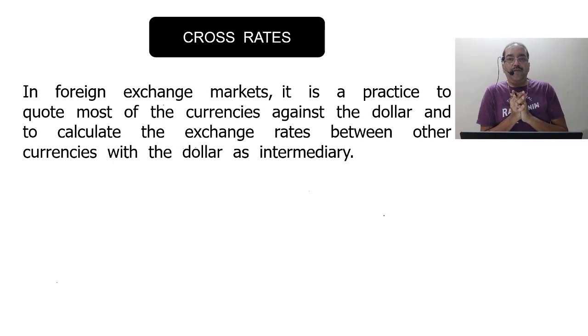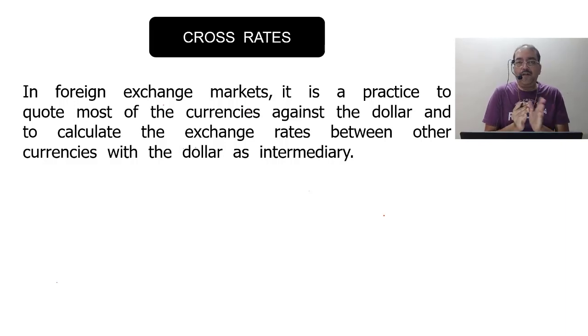So cross rates means what? In foreign exchange markets, it is a practice to quote most of the currencies against the dollar and to calculate the exchange rates between other currencies with the dollar as intermediary. In the example I have given, if the ending of the first is the starting of the second, then bid into bid, ask into ask.